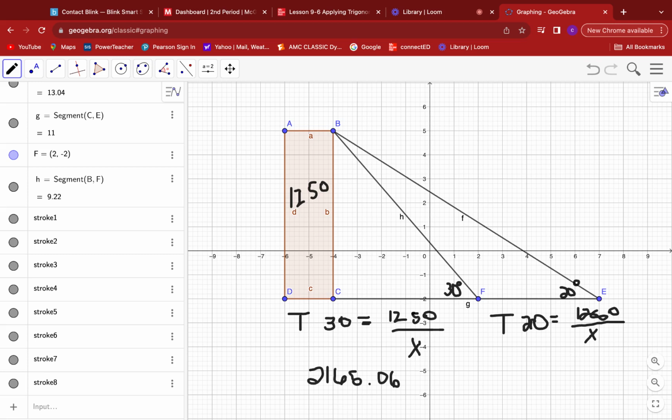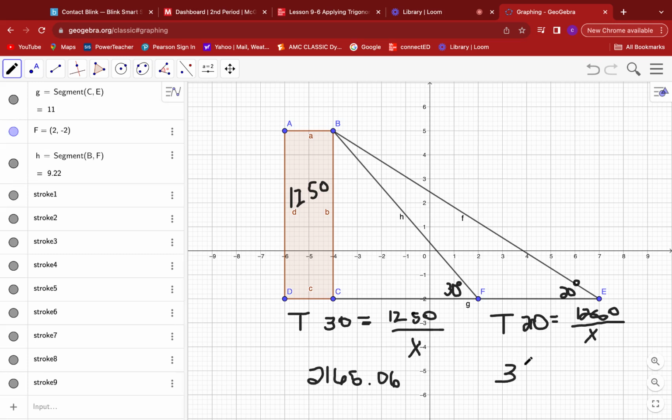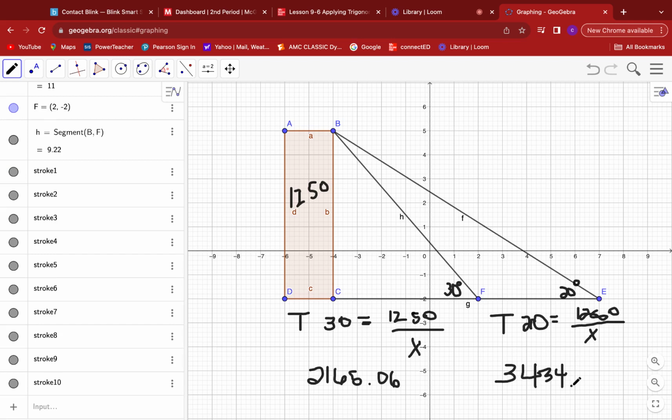So 1,250 divided by the tangent of 20 is 3,434.346-ish. All right, so there's the distance of each of them, and now we're going to subtract them to see how far apart they are.